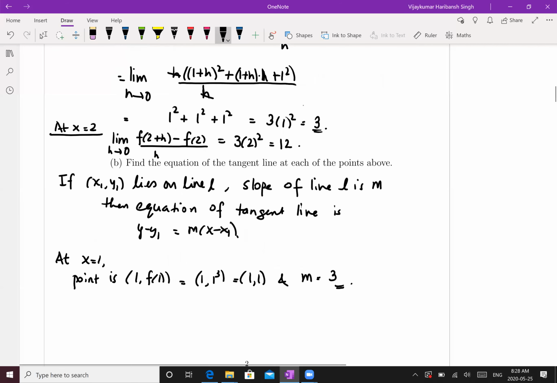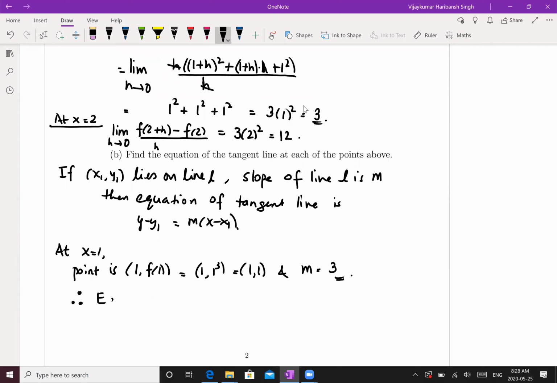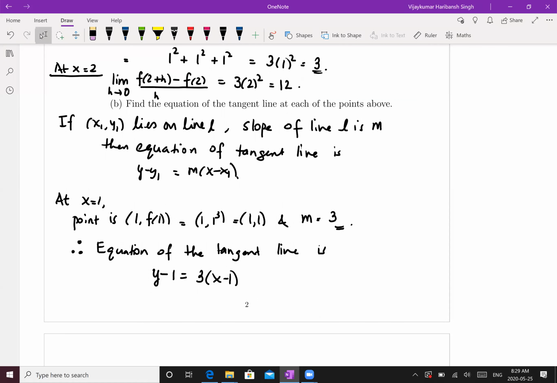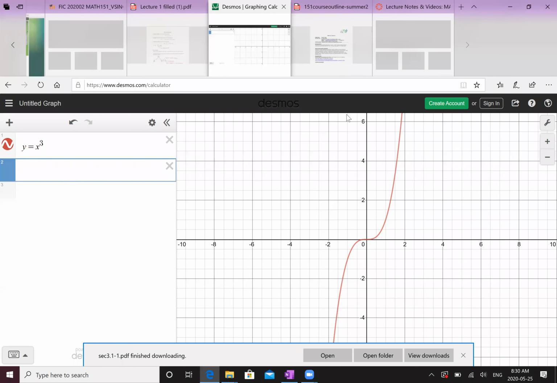So therefore the equation of the tangent line is y minus 1 equals m, which is 3, times (x minus 1), right? So this is the slope of the tangent line at 1. We found out the equation of the line to be 3 times (x minus 1).